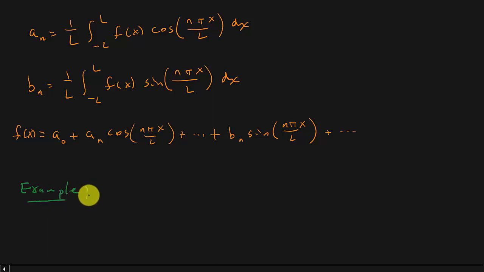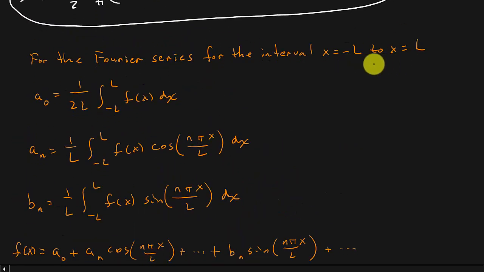So we want to find the Fourier series for f of x equal to 0 for -4 less than or equal to x less than 0, and 2 for 0 less than or equal to x less than 4. All right. So we're not going from negative pi to pi. We're going from some number negative L to L. See? Negative L to L.